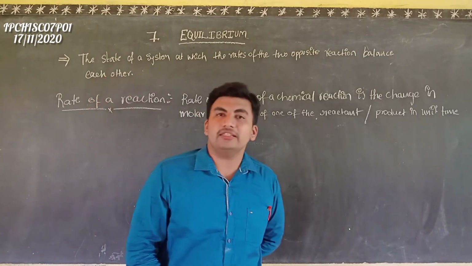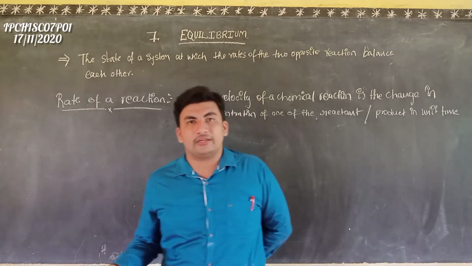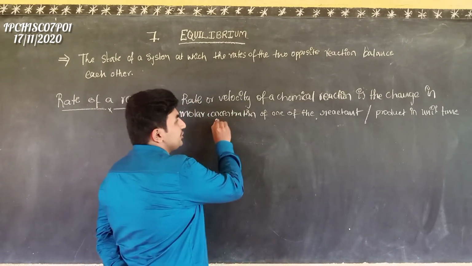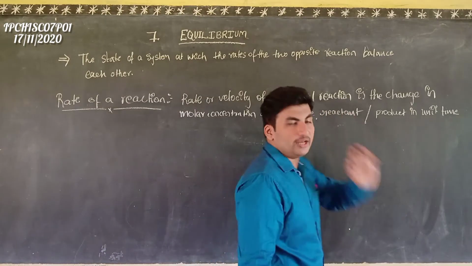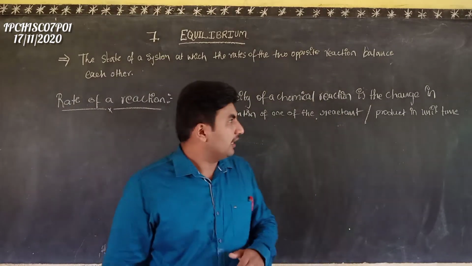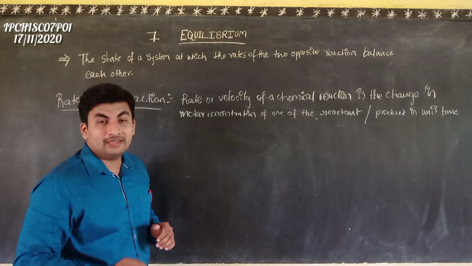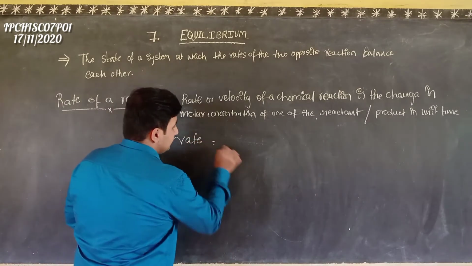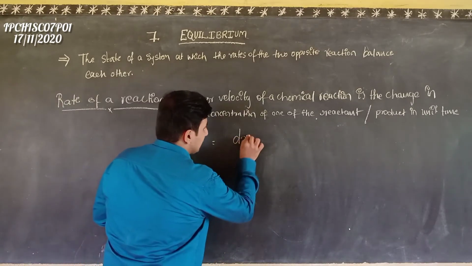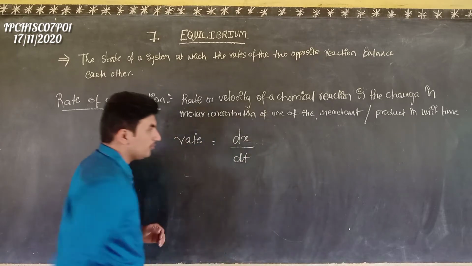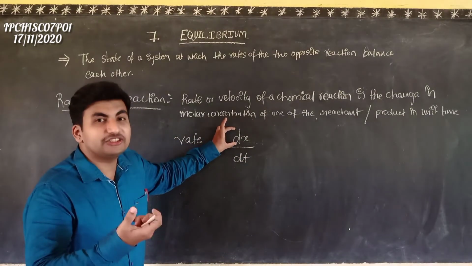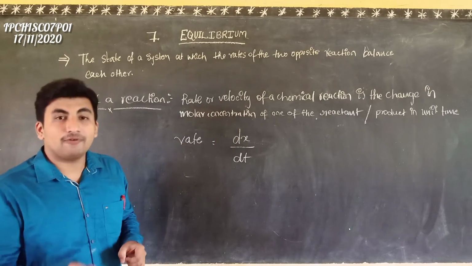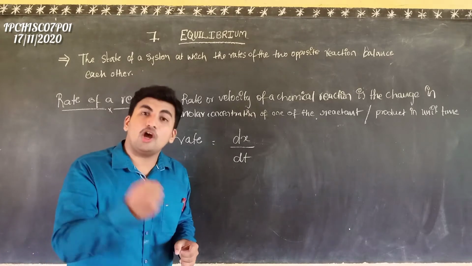When a reaction is happening, we need reactants and products, right? Reactants react with each other and give products. So, the change in molar concentration of one of the reactant or product in time. The rate expression is equal to dx by dt. Dx represents the small change in the molar concentration of one of the reactant or product.